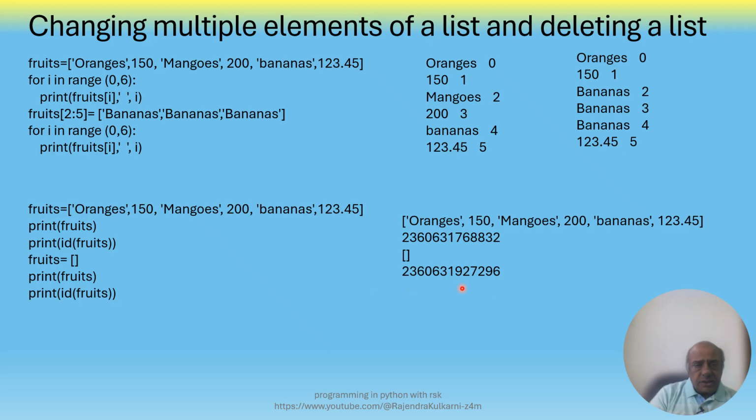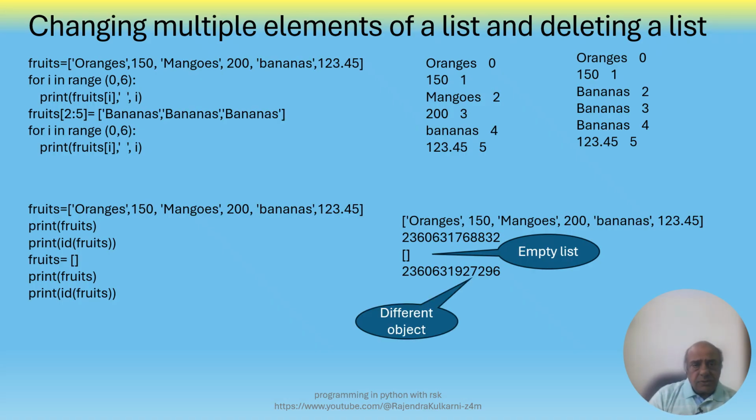So an empty list object is created which starts referring to the same identifier fruits in this case. We get an empty list, different object.